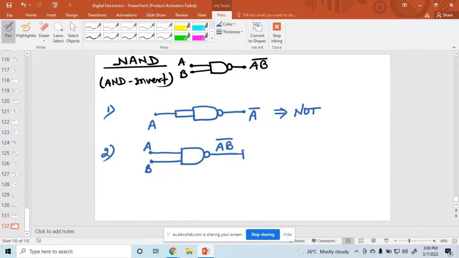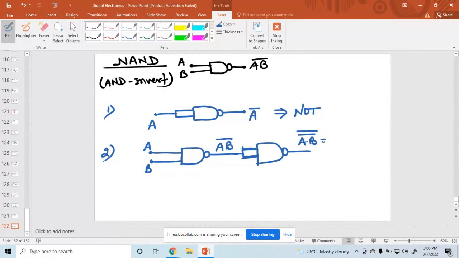Now again we use another NAND gate, like a NOT. If the input is (AB) bar, the output is (AB) bar whole bar.